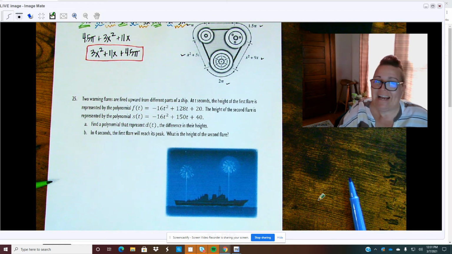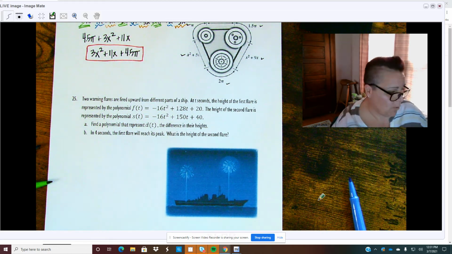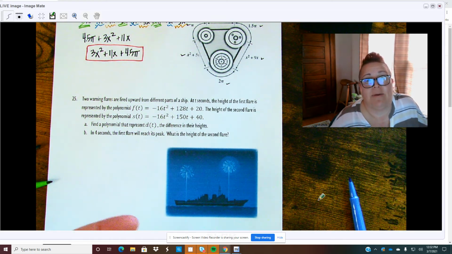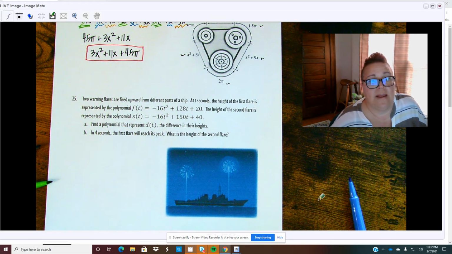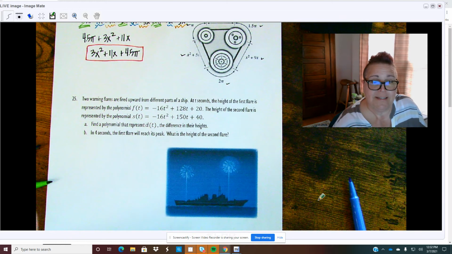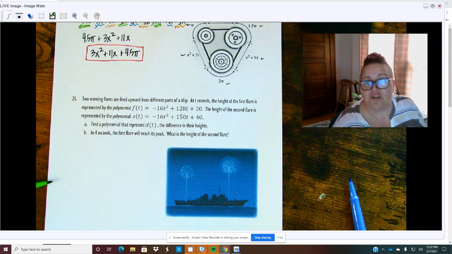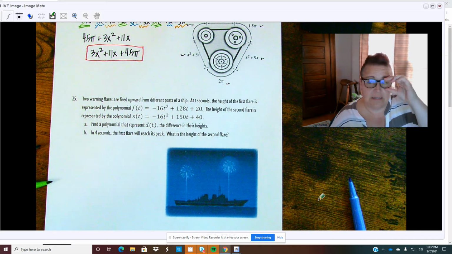Oh, I know what they want us to do. Do you? Okay, what do you think? Do they want us to add them or subtract them? Remember, we're in 5.3. We're adding and subtracting polynomials. They're giving us polynomials, and they're asking us to create a new one that represents d, the difference.